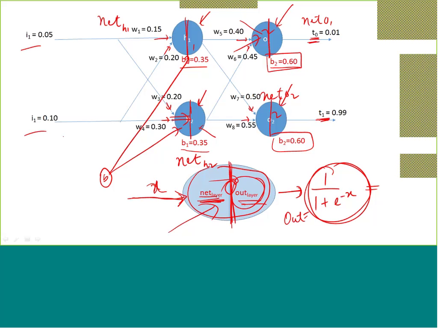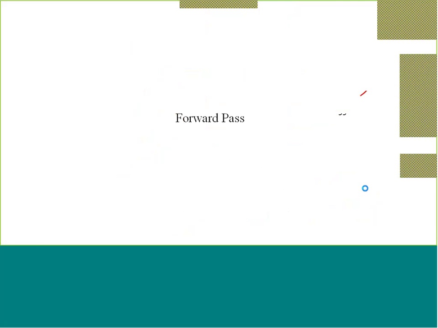W1, W2 and so on are the different weights, 8 weights, and there are two biases, B1 and B2. For a node, the net input is whatever is going inside, and whatever is transformed by the sigmoid function is denoted by out of that node. Fine. Okay, great.